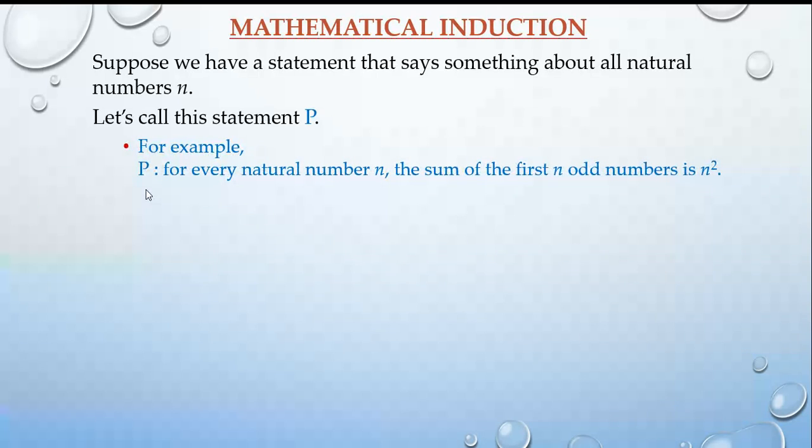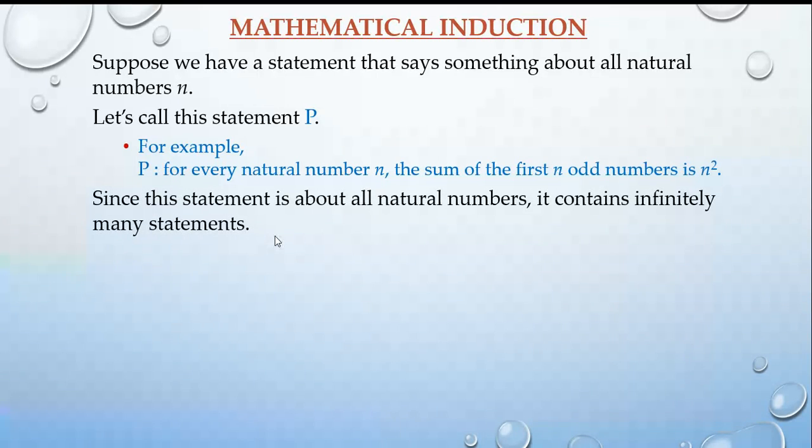Now P means, let's say, a statement that for every natural number n, the sum of the first n odd numbers is n square. First we say that this term is our capital P. This statement is actually about all natural numbers, so it contains infinitely many statements.